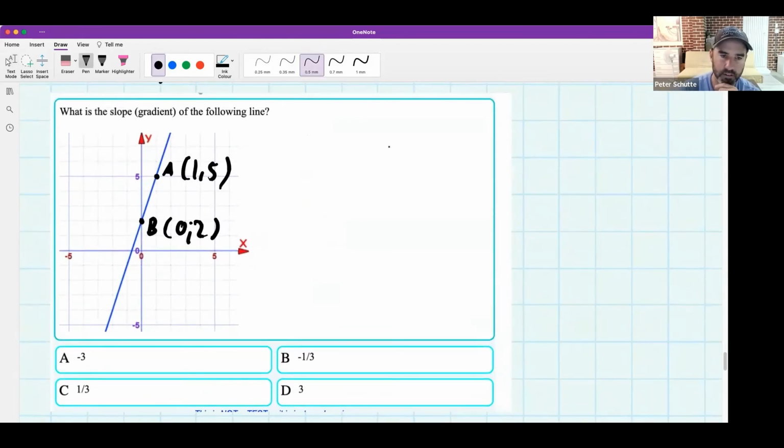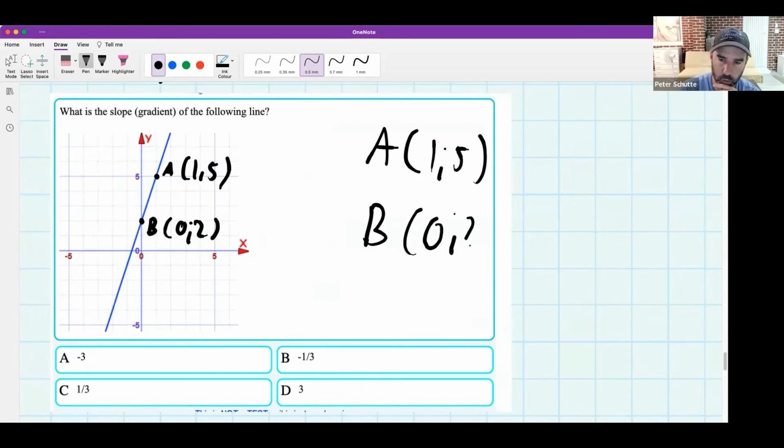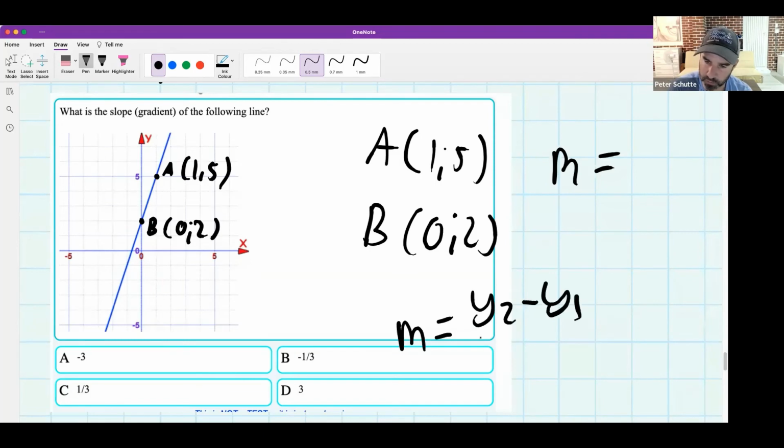I've given you the point 1, 5, which is on the line, and the point 0, 2, which is also called the y-intercept, in case you are reaching back into your memory. What is the answer if you have to find the gradient? I'm feeling so friendly today, I'll even help you with the formula, because it is on the formula sheet.